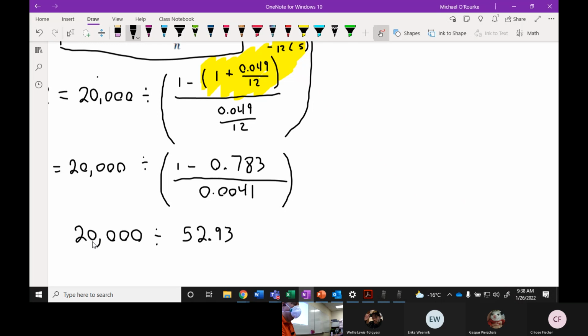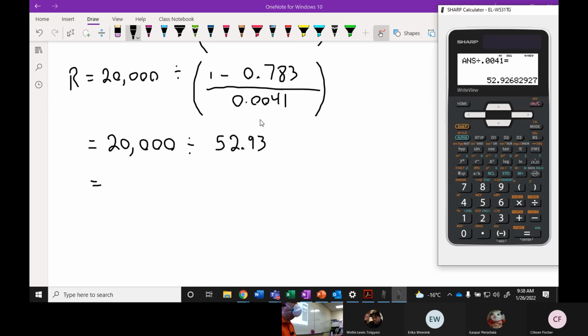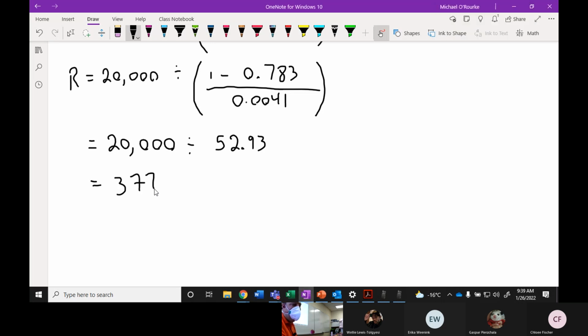It's just calculator steps. I didn't say it was easy. I just said there's no algebra in here. It's just doing it in your calculator. Then I'm going to go 20,000 divided by 52.93, which will tell me my monthly payment to pay off my car is 377.86.